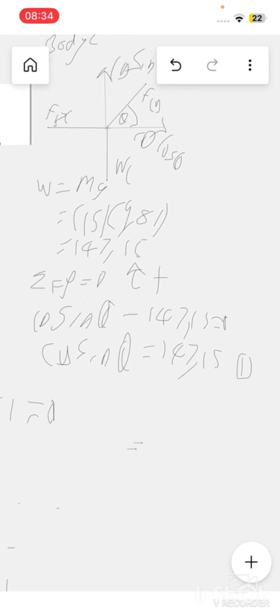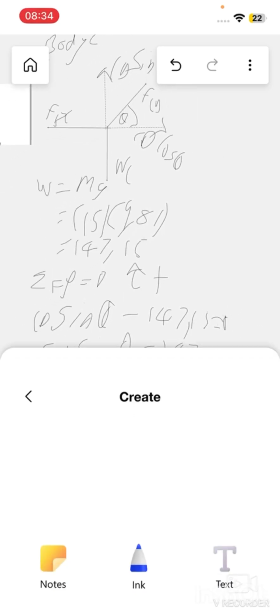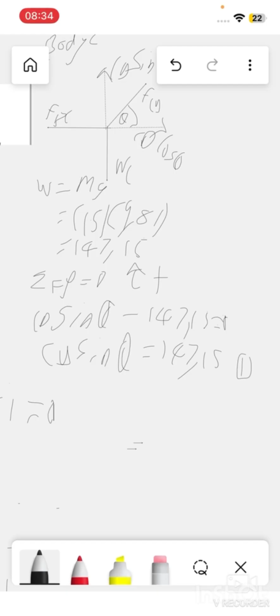And we're going to go to the summation of horizontal forces. This is summation of Fx, and Fx is equal to 0. We take right as positive. Therefore, we have only two forces, which is CD cos theta and FB cos theta, right?